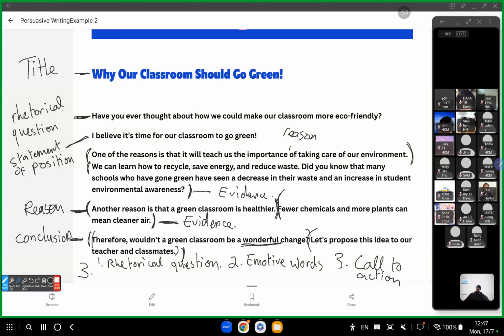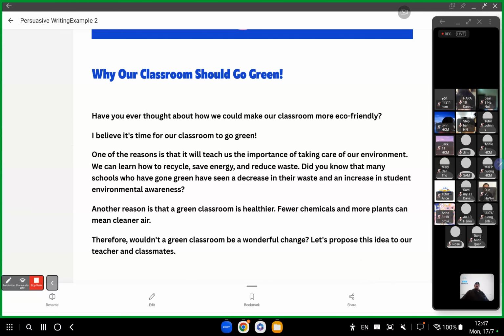So we see here that without any of these notes, this just looks like a nice short little piece of writing about why our classroom should go green.